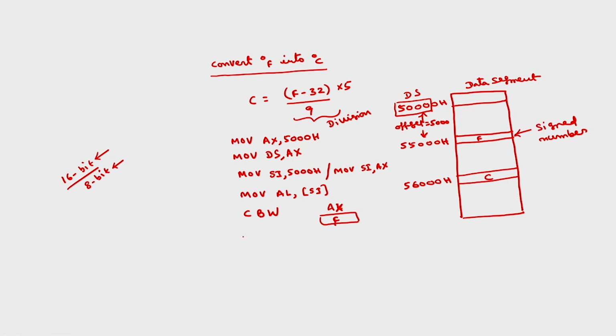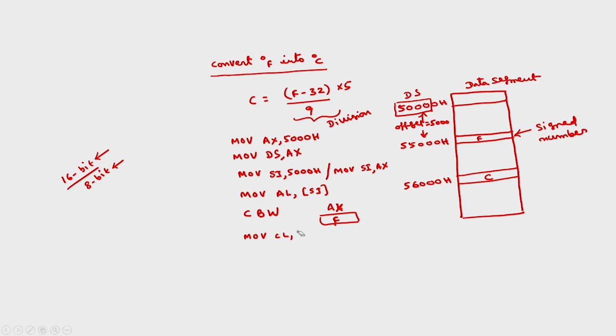Then you have to subtract 32. You take some CL or something, 32H. The problem here is 32 is decimal, but you have to subtract a hexadecimal value. So this will not be 32. What is the hexadecimal equivalent of 32?